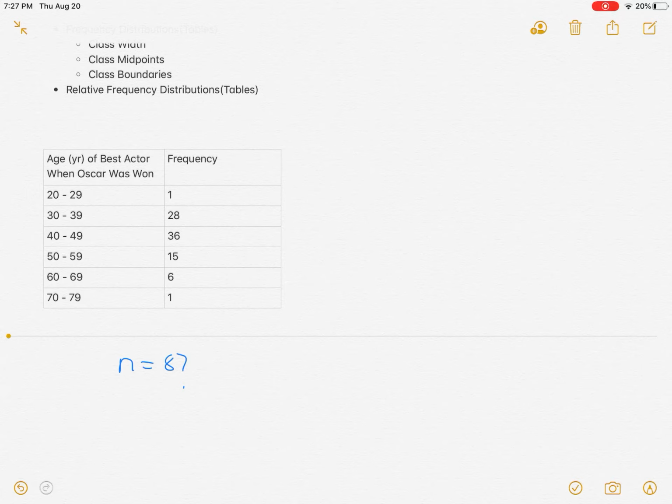Yeah, 87. So that's the number of people in the survey. I'm using a little n here. That little n stands for sample size. And we'll start to get you used to some notation as we move throughout. I don't think they're going to ask that question, but they may.